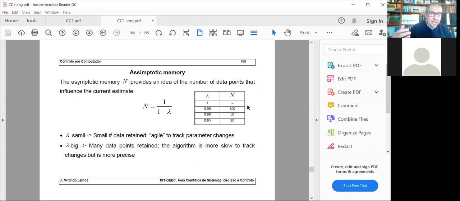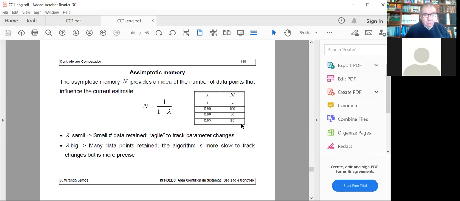So you are observing since the remote past. If lambda is 0.99, you are observing 1 divided by 1 minus 0.99, that is 1 divided by 0.01, which is 100. So it's more or less that only the last 100 points are important. The other ones are multiplied by weights that are so small.